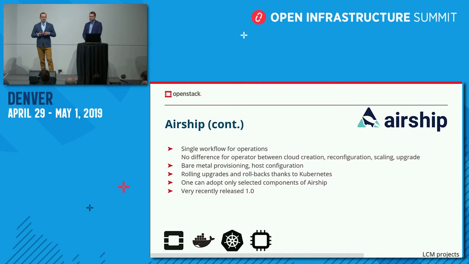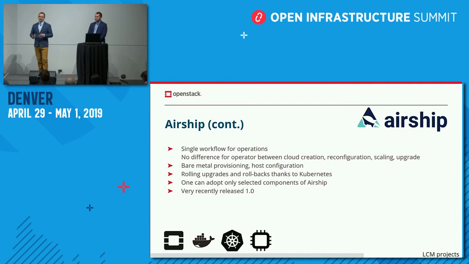Airship can handle bare metal provisioning because it has an internal component called Drydock, which is a provisioning engine with a pluggable architecture that can do things like BIOS updates and firmware updates. For the initial implementation, Canonical's solution called MAAS has been adopted, but Airship wants to support Ironic.